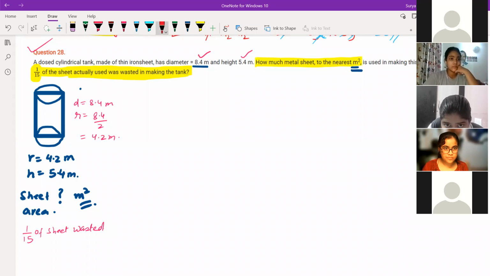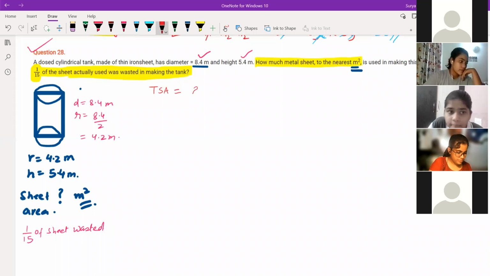First, you find the TSA of the tank. What is the formula that you know already? 2 pi r into (h plus r). You know this? Then put the values now.